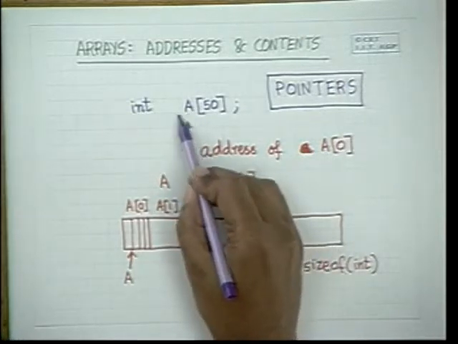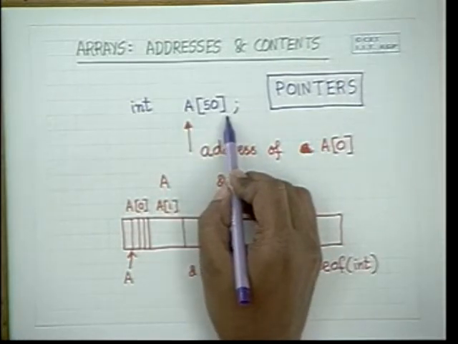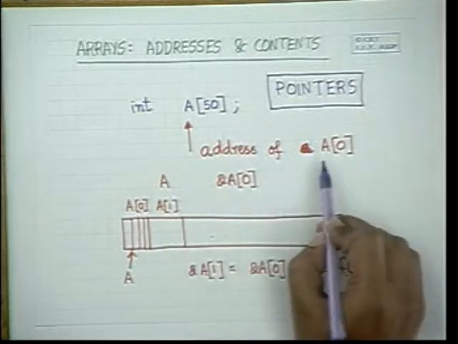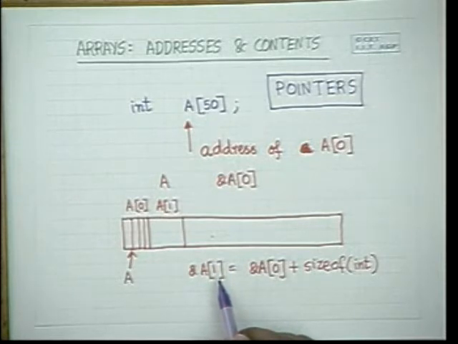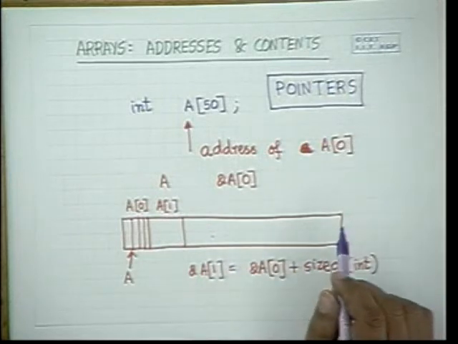So A is a pointer to the start of the array, and A+1 is the pointer to the location A[1]. That is how we refer to it in terms of the C language.